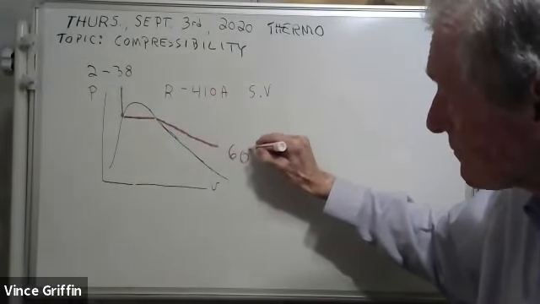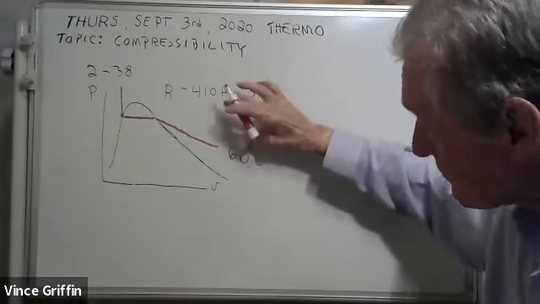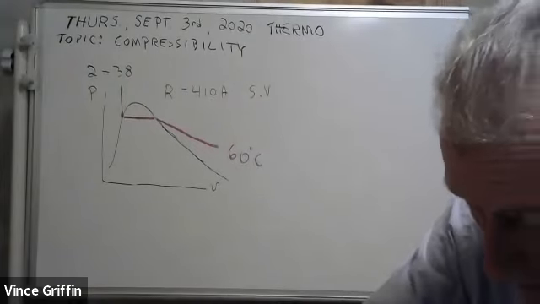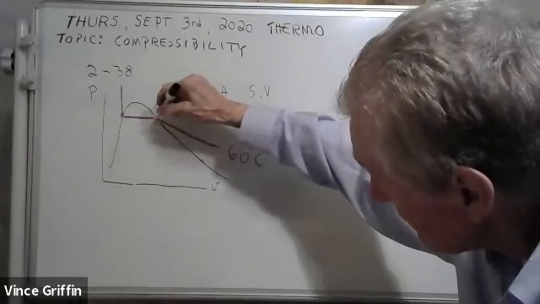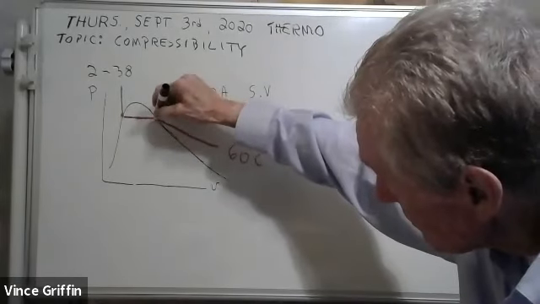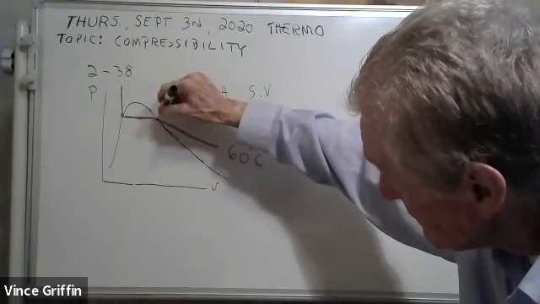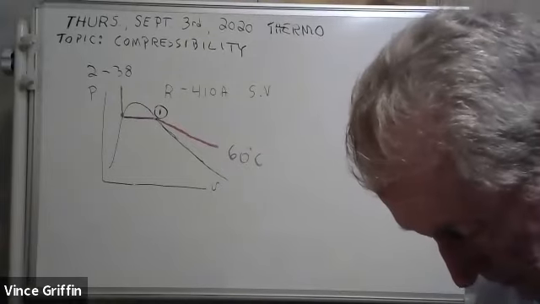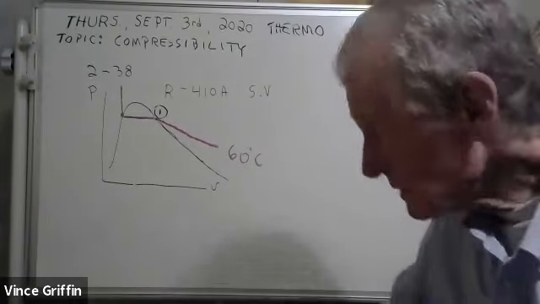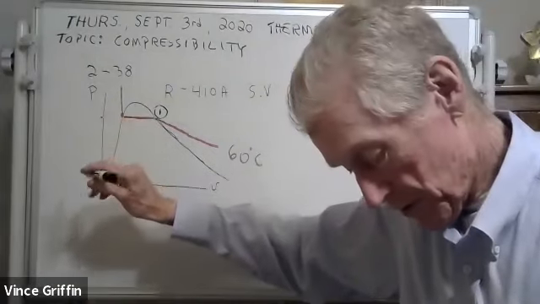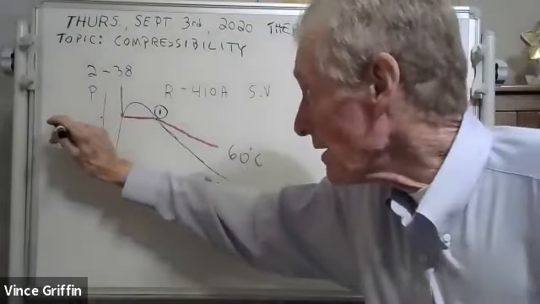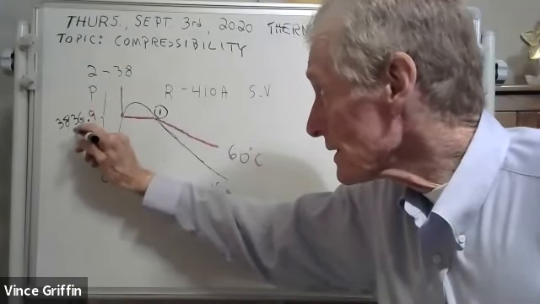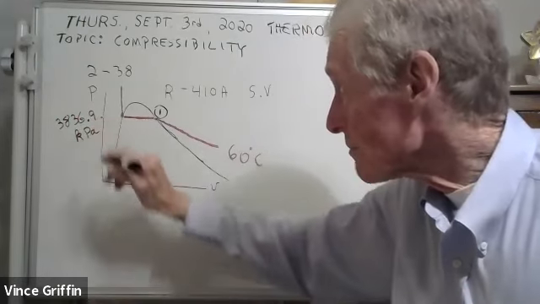There's your 60 degrees Celsius. And since it's saturated vapor, there's your state one right there. You could write down a lot of information on that. Now here's the pressure. The pressure is 36.9 kilopascal.